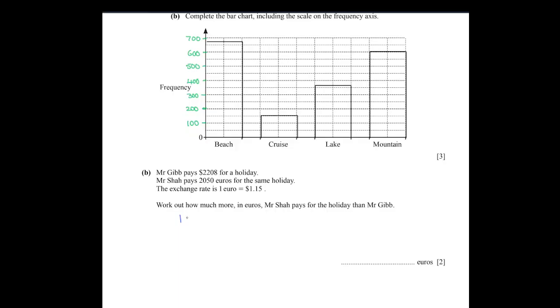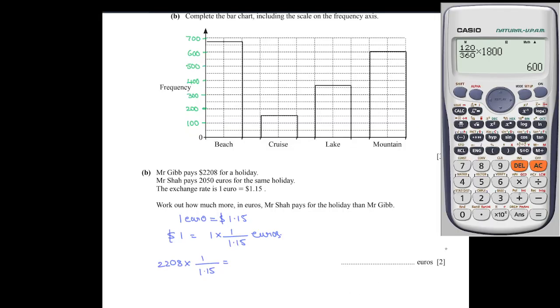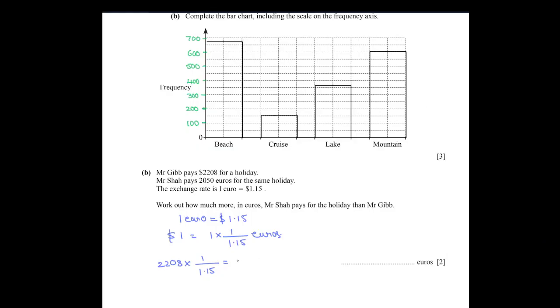So 1 euro is $1.15. So $1 will be 1 into 1 by 1.15 euros. So here $2,208 will be 1 by 1.15 multiplied by 2,208 euros. That will be indirectly dividing 2208 divided by 1.15 will be 1920.